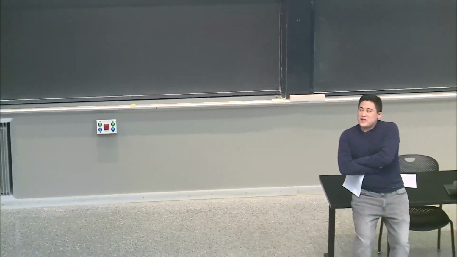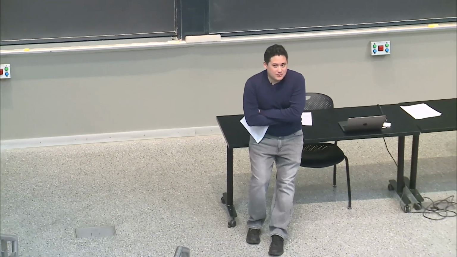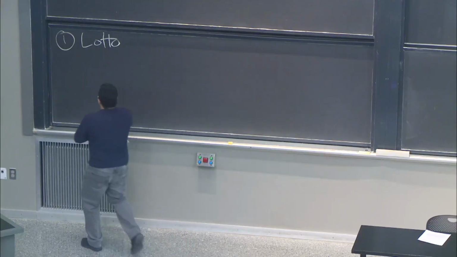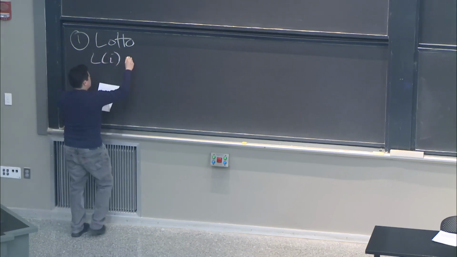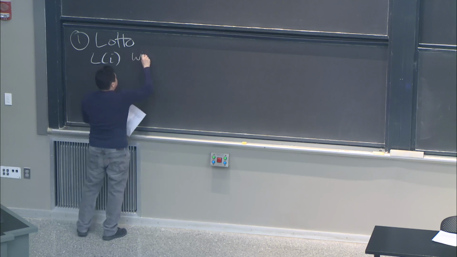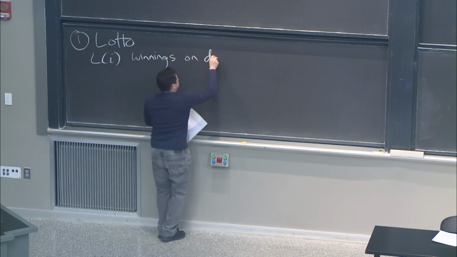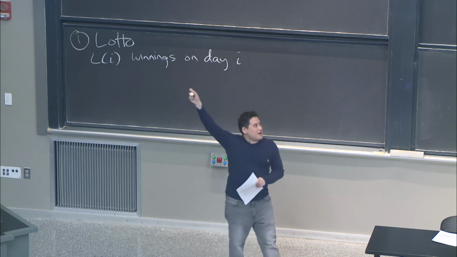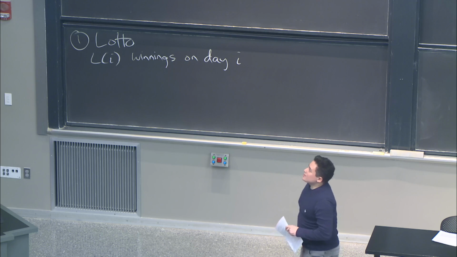Well, I might want to think about what do I do on the first day? Am I going to play the lottery or not? And then recurse on the rest. That sounds good, right? So let's say that L of I is the winnings on day I. This just defines some notation on what the cash payouts are, so I'm making a variable to do that.